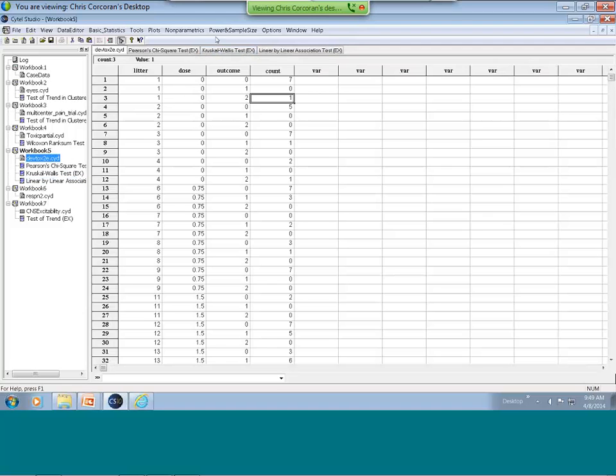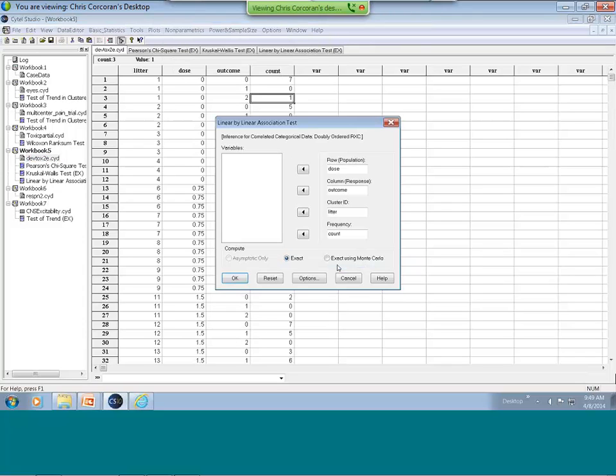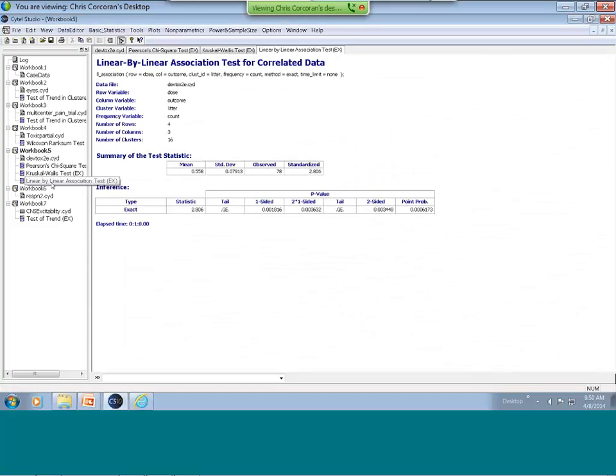To carry that out, again, I go under this menu and choose doubly ordered R by C table, select linear by linear association, fill in the appropriate variables here in the dialog box, and the result is a two-sided p-value of about 0.003. So there is evidence of a linear correlation between dose and malformation level.